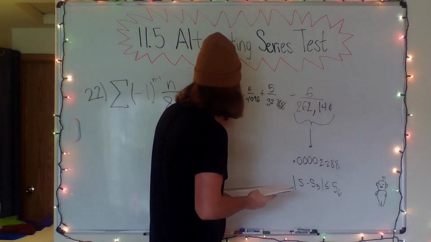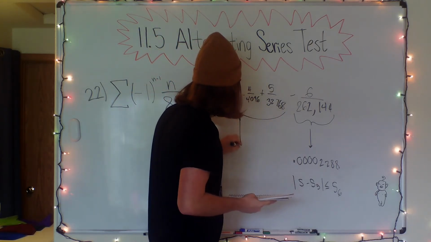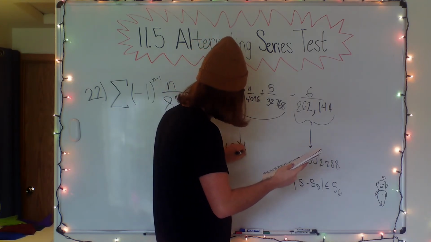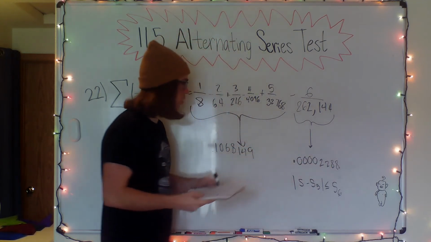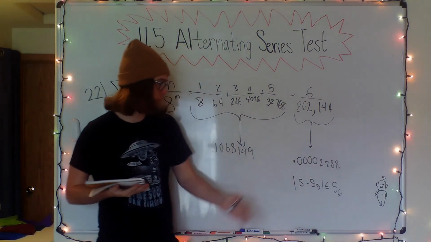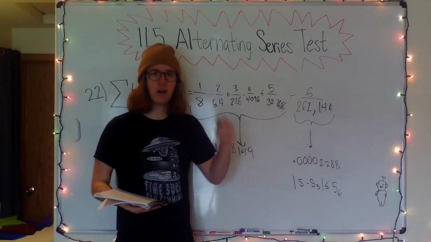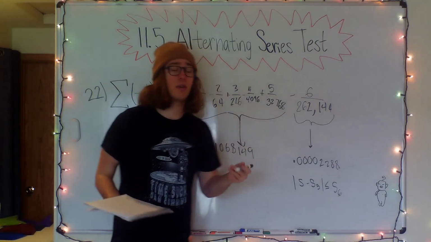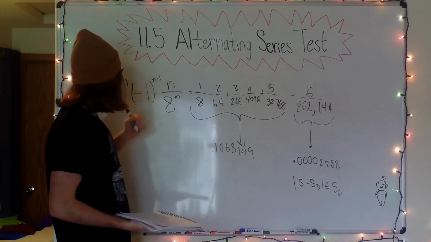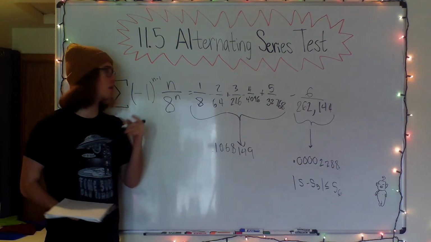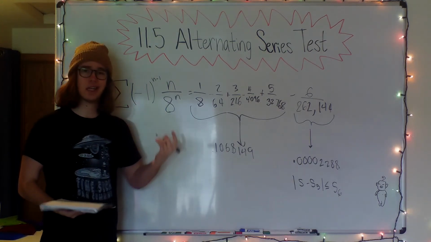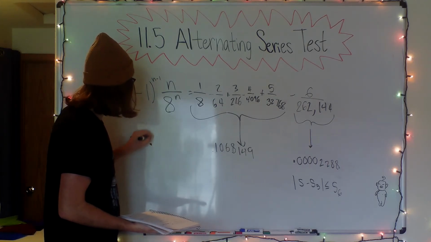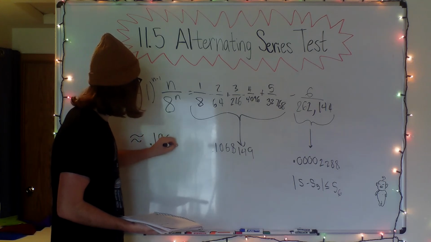They add up to 0.106849, and then we just need to round to 4 decimal places, because based off our alternating series estimation theorem, we can get correct to a certain number of decimal places. So this series, negative 1 to the n minus 1 times n over 8 to the n, will be approximately 0.1068.